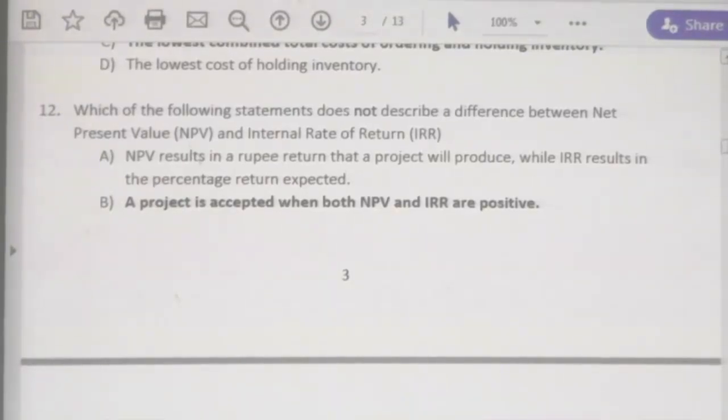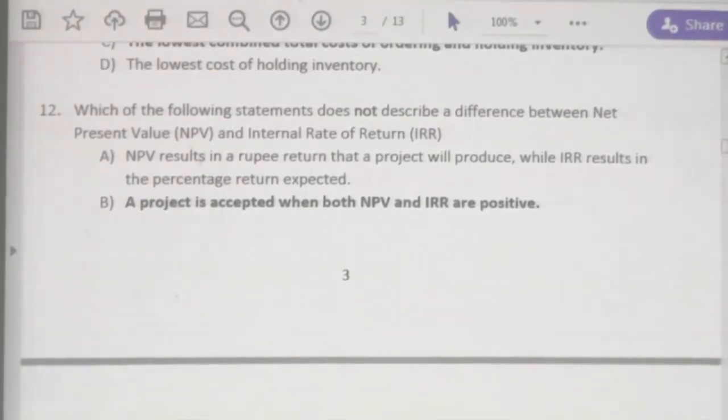When it comes to the IRR, IRR is a rate, a percentage, right? IRR gives you the maximum cost of capital to maintain your project in a profitable manner. Therefore, IRR is the rate which gives you 0 NPV.